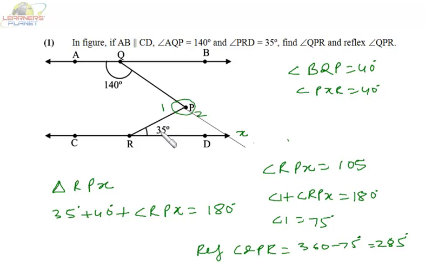This is 40 degrees, this is 35 degrees, so the third angle will be 105 degrees. This and this are a linear pair, so angle 1 plus this angle will be 180 degrees, and we can calculate angle 1. Angle 1 is angle QPR, and the reflex angle is 360 minus angle 1, that is 285 degrees. So it's quite simple, friends.